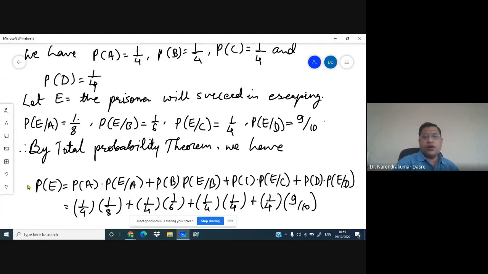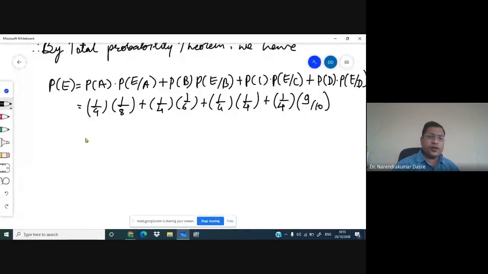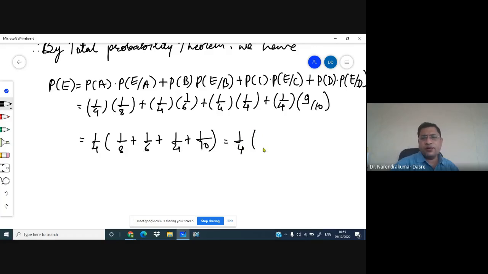Now 1 by 4 can be taken common, and then we have 1 by 8 plus 1 by 6 plus 1 by 4 plus 9 by 10. Here you will get the value. I want you to calculate this value and then give it to me.